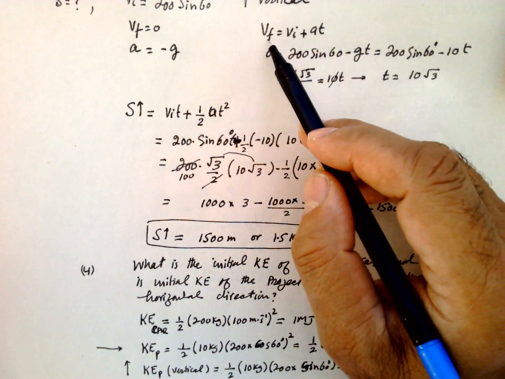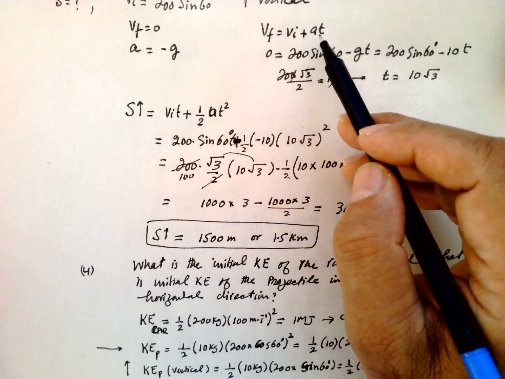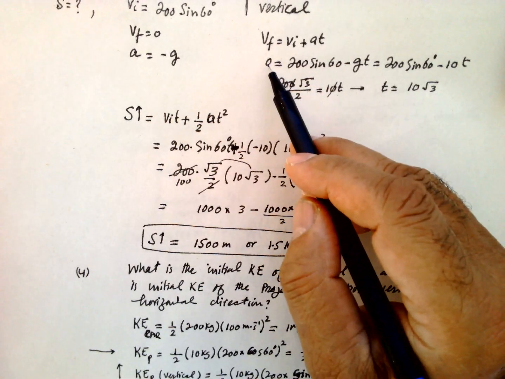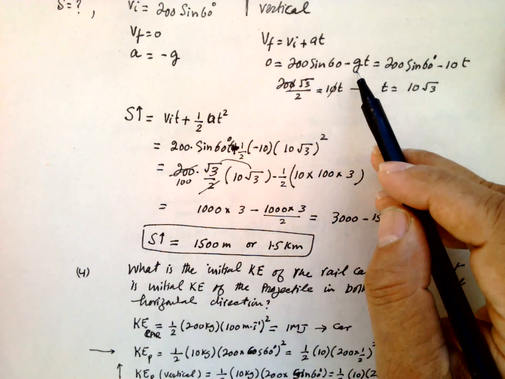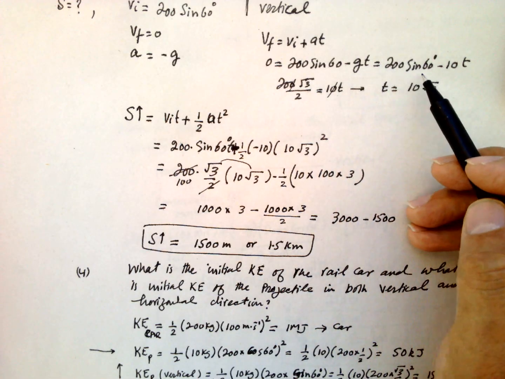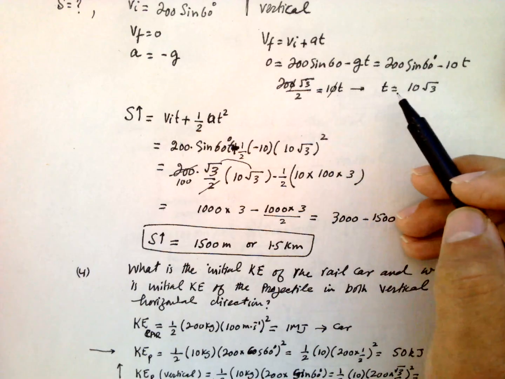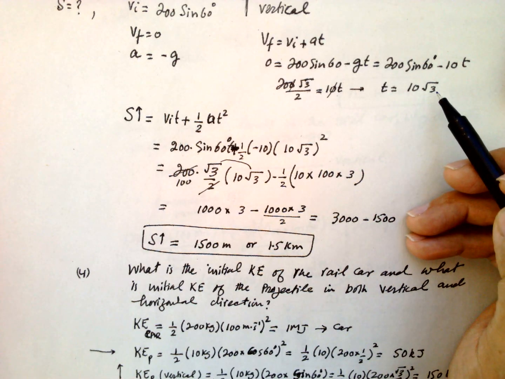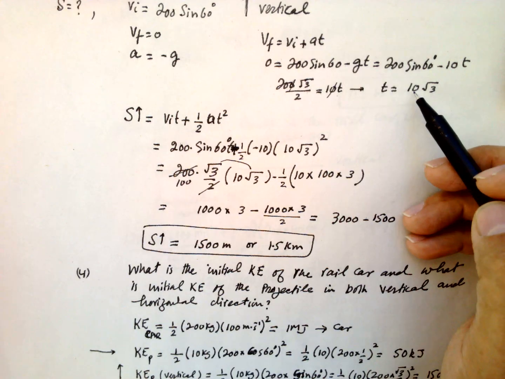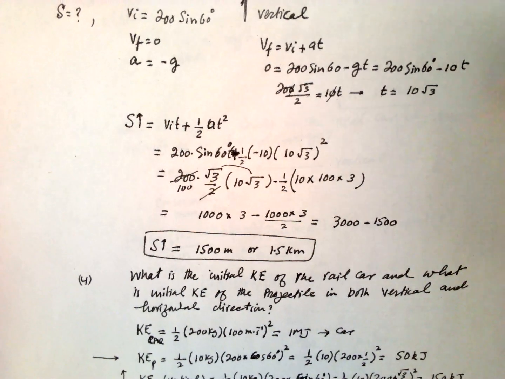So vertically, Vf is equal to Vi plus At. So Vf is equal to 0, so 200 sine 60 minus gt. From here we can find t, which is equal to 10 root 3.